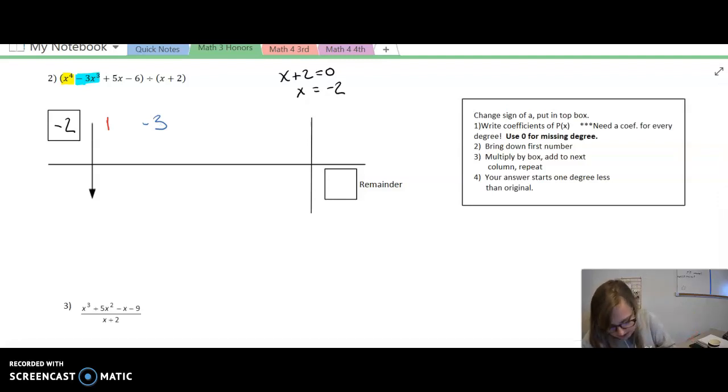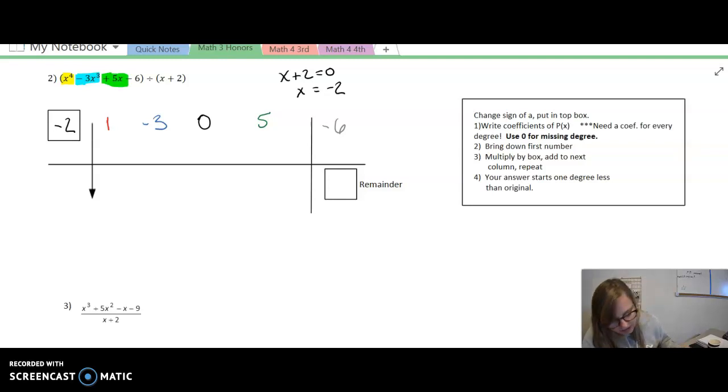Well, x to the 2nd doesn't exist on ours, so we have 0 as our coefficient. And then we have x to the 1st, which is right here. So we write 5. And then we have our constant, which is negative 6.